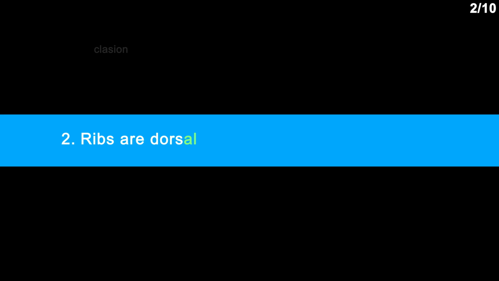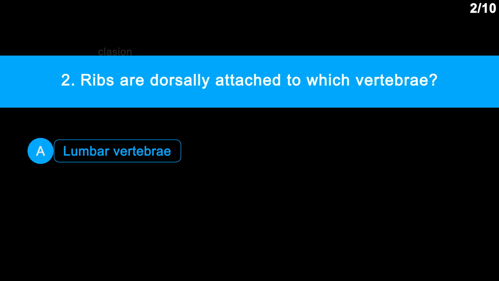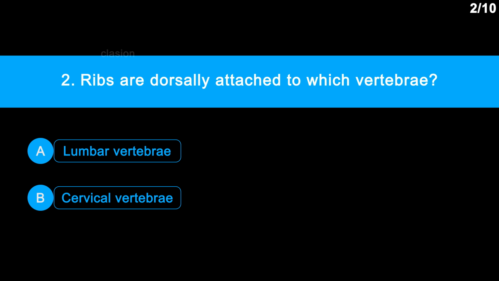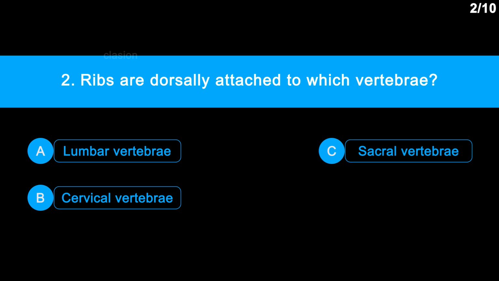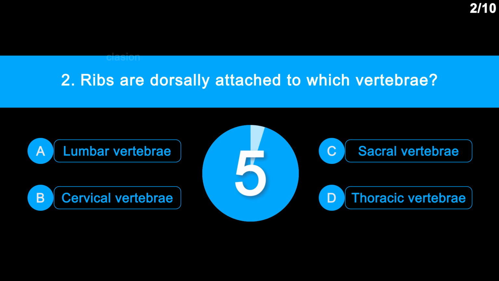Question 2. Ribs are dorsally attached to which vertebrae? Option A, lumbar vertebrae. Option B, cervical vertebrae. Option C, sacral vertebrae. Option D, thoracic vertebrae.